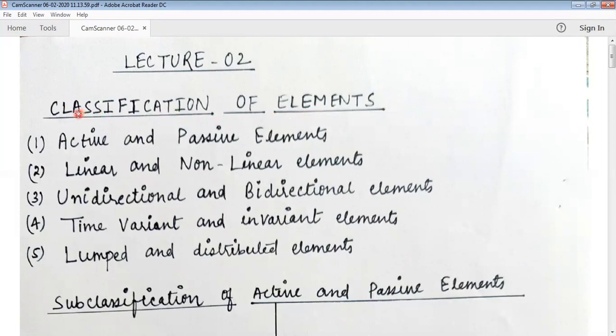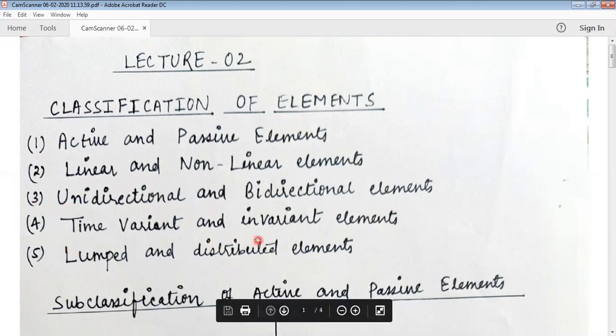The electrical elements are classified as active and passive elements, linear and non-linear elements, unidirectional and bidirectional elements, time variant and time invariant elements, lumped and distributed elements.